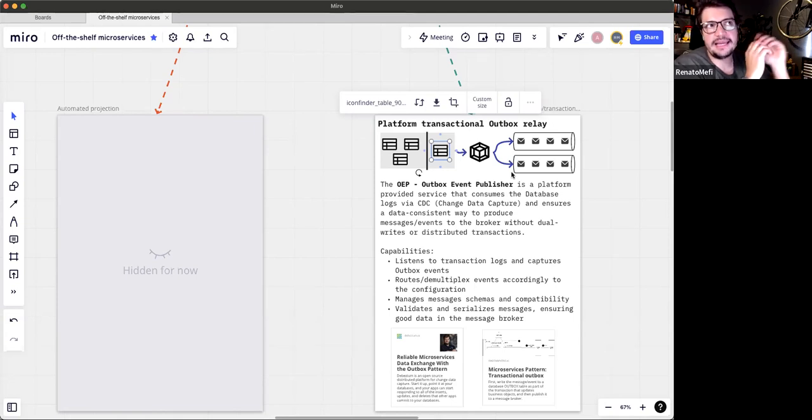I have a tiny delay, I need to read from that transaction log and push it to my message broker. But again I achieve 100% data consistency because I have a pointer in my transaction log on the database. My message relay is monitoring those cursors and IDs inside of the transaction logs and then publishing to my message broker.